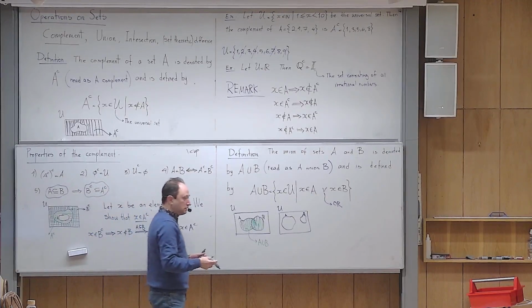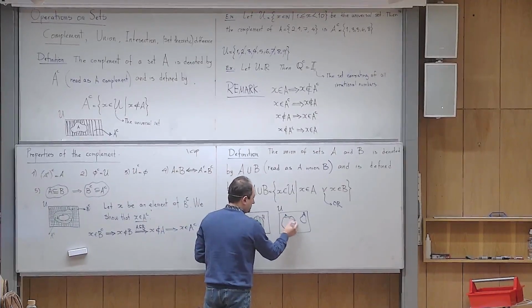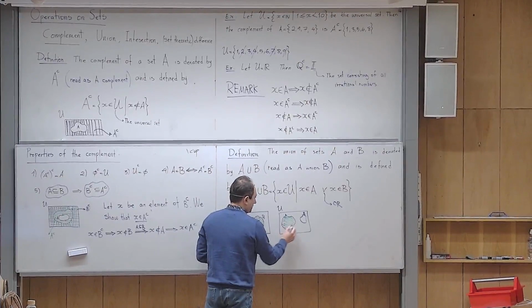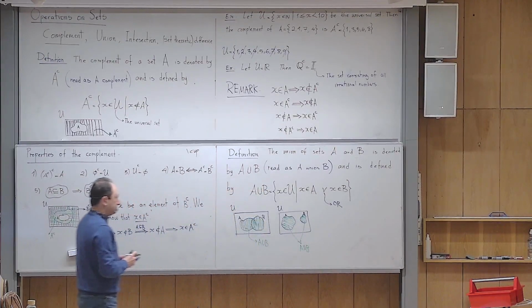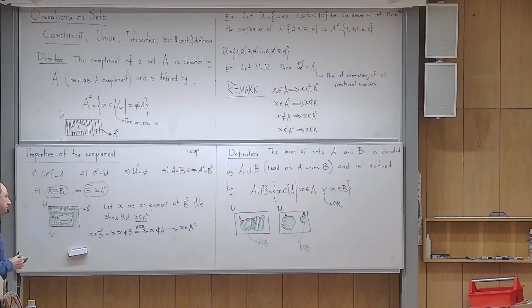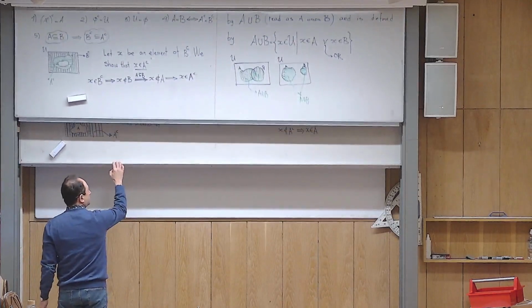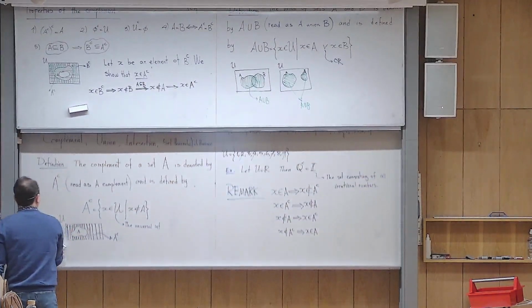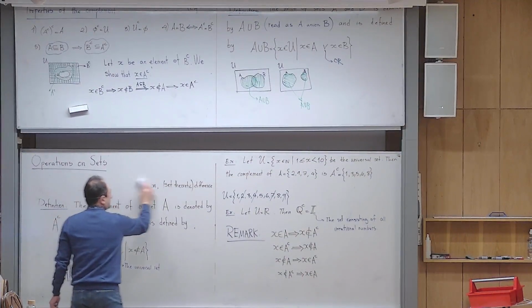You color A and B, whole A and whole B. So again, these two together is A union B. Now, if I want to give a numerical example, remember that after that I will actually talk about intersection and difference.